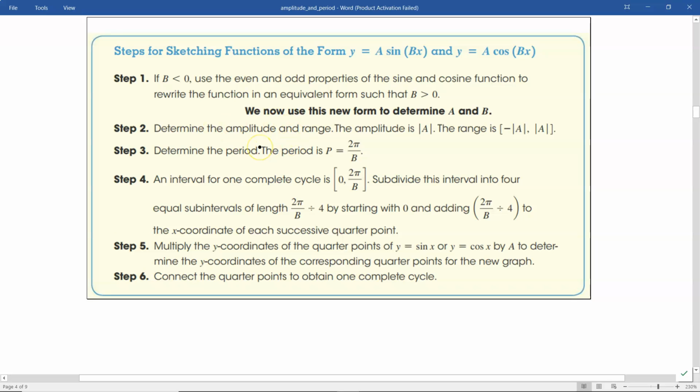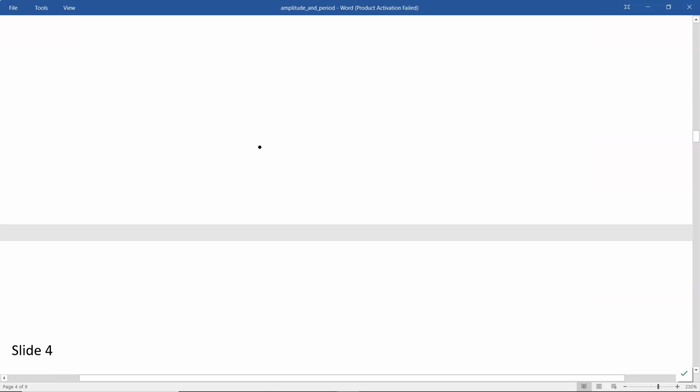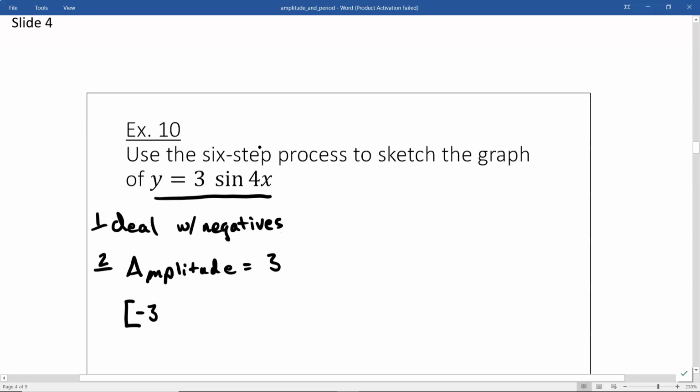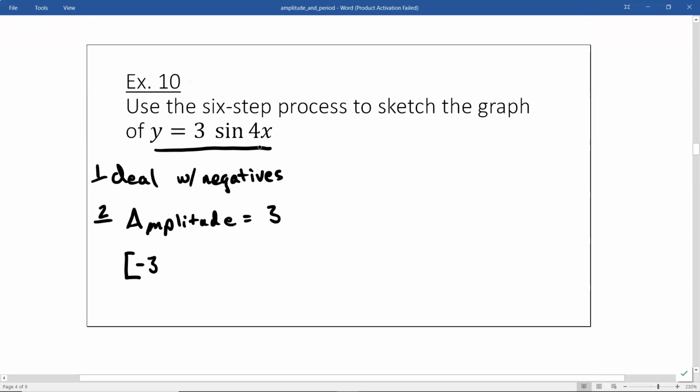No, so it's still, step 2 is technically still the range. Okay, so remember that the range goes from the least number to the highest number of your function. And since our amplitude is 3, that means our range is going to go from -3 to +3. So that is step 2.